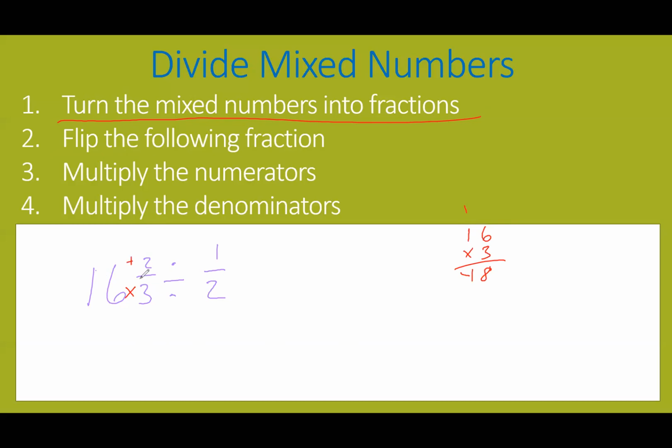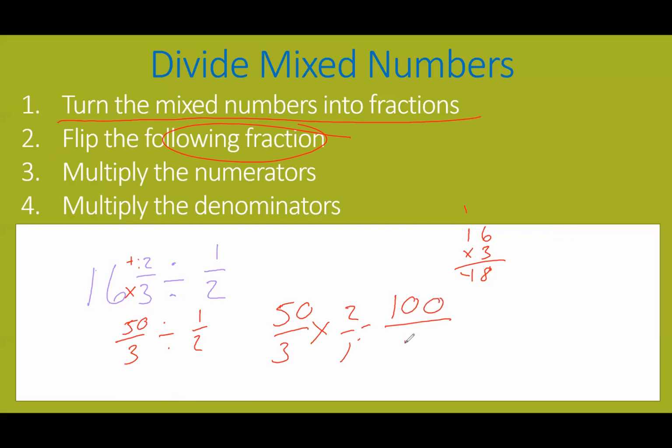And 48 plus 2, 48, 49, 50. It's 50/3. Next, I'm still dividing 1/2. Now I'm going to flip that fraction. It becomes 50/3 times 2 over 1. Well, that's too easy. I accidentally made that too easy. It's 100/3 is your answer there.